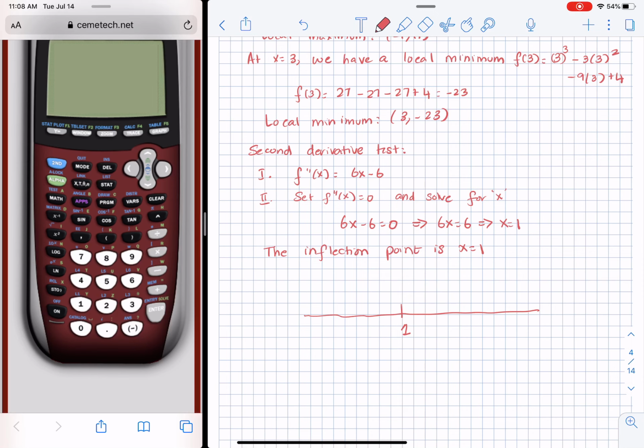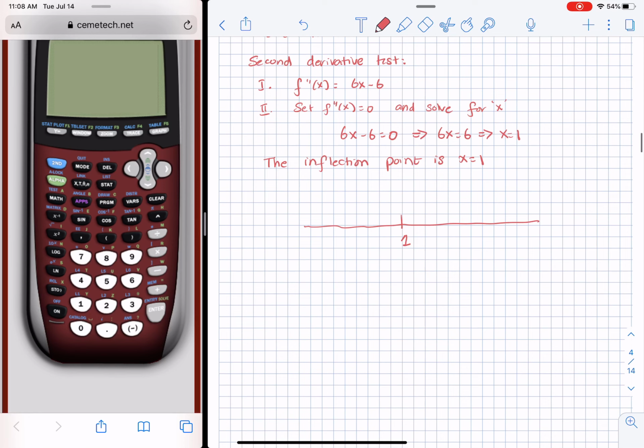Pick an easy point less than 1 and plug it in the second derivative. So f double prime of 0 is 6 times 0 minus 6. I get minus 6. F double prime of 2, easy number. So 0 is the test point here. 2 is the test point there.